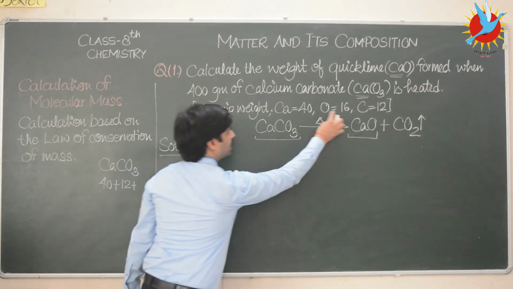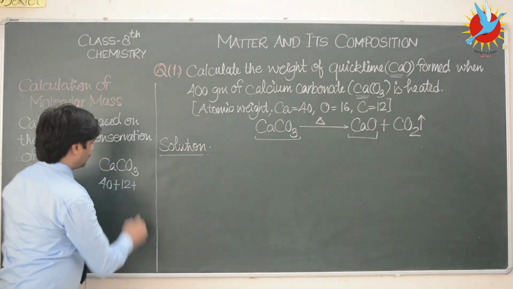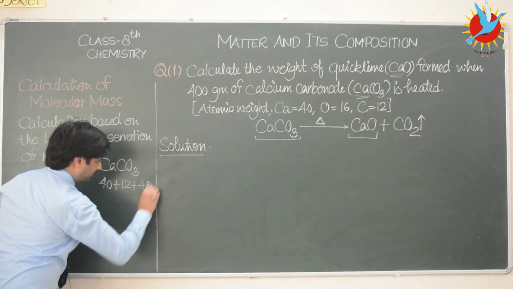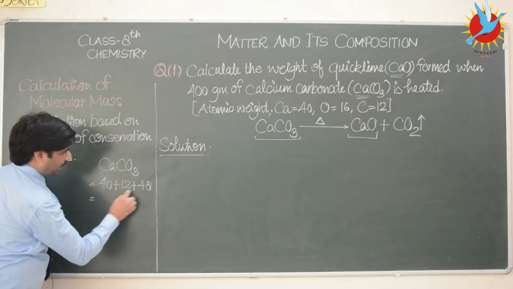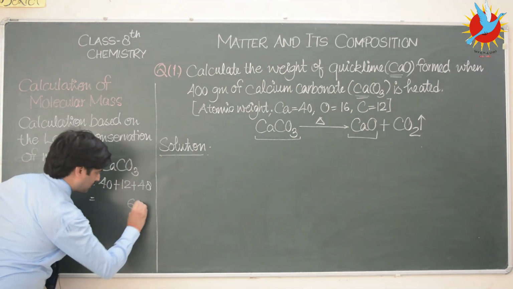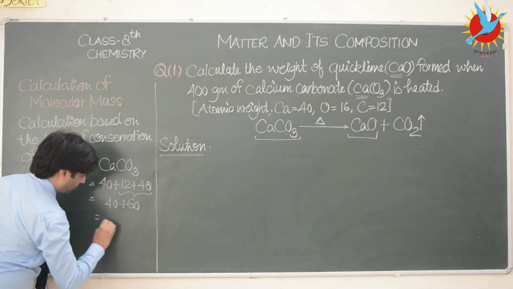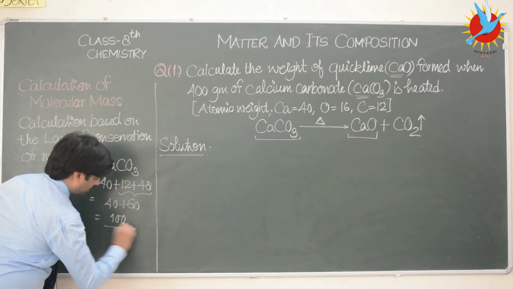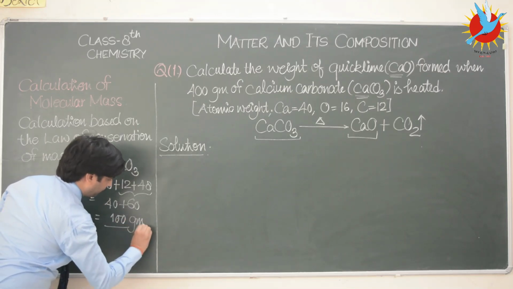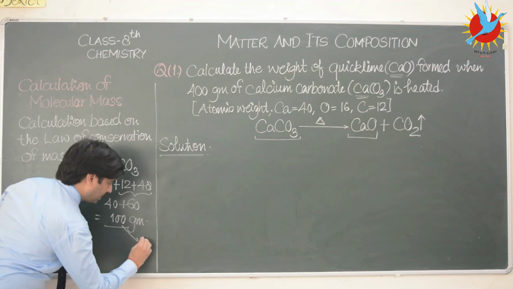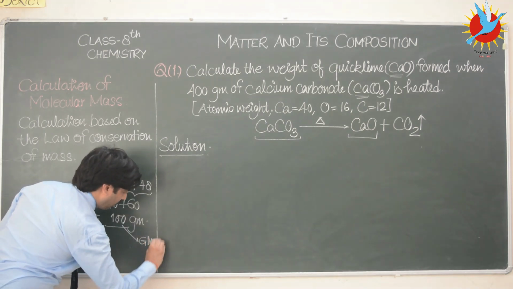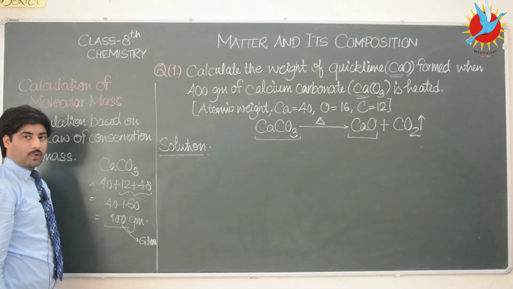1 oxygen has the atomic mass 16. 16 3s are 48. So 48 plus 12, that comes 60 plus 40, total 100. So 100 gram, if we will write, then that will be gram molecular mass of calcium carbonate.